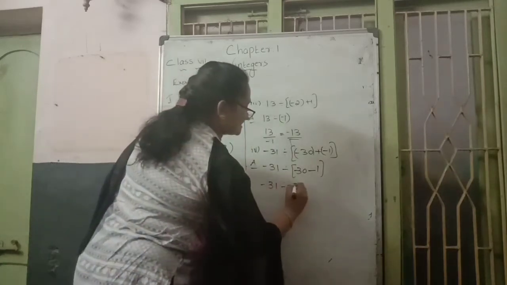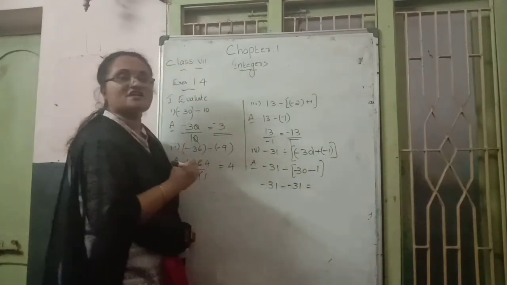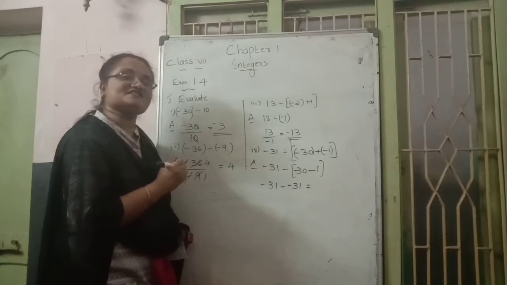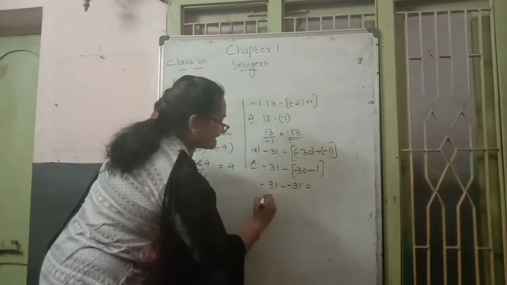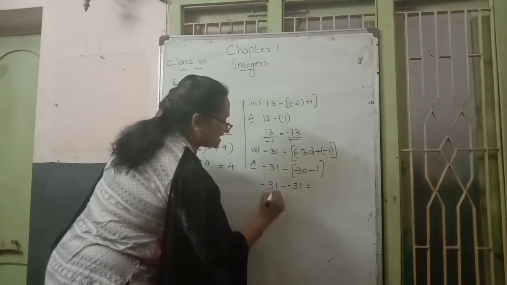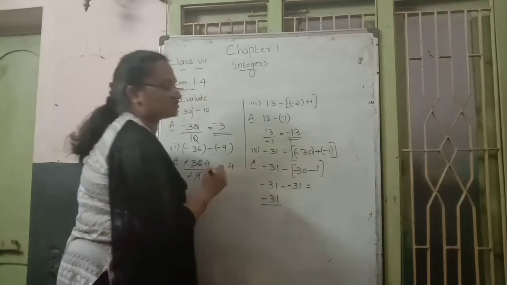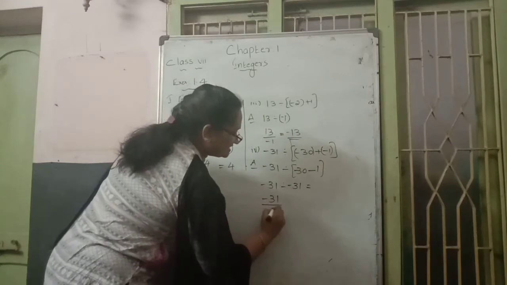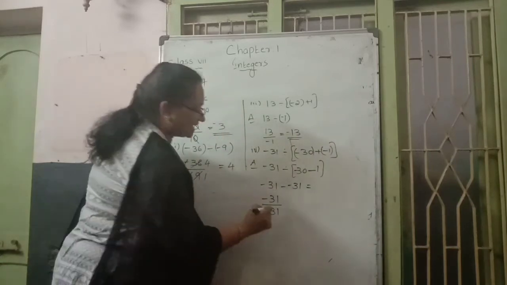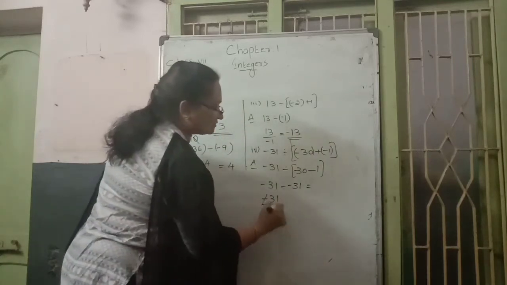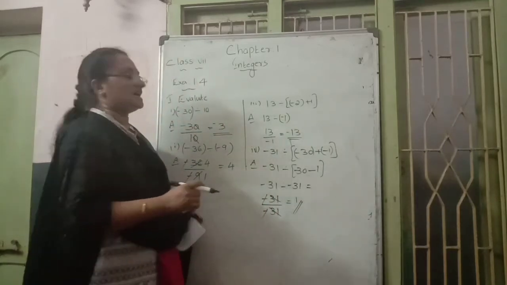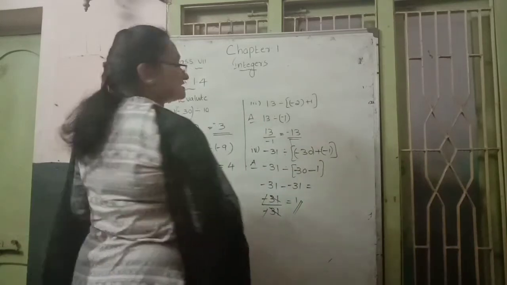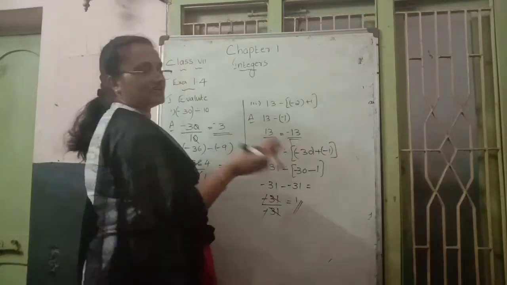So minus 31 divided by minus 31: same number division gives 1. Or in fraction form, minus 31 is the numerator and the divisor is the denominator; minus divided by minus changes to plus, the same numbers cancel, and the answer is 1. I hope you understand this model question.